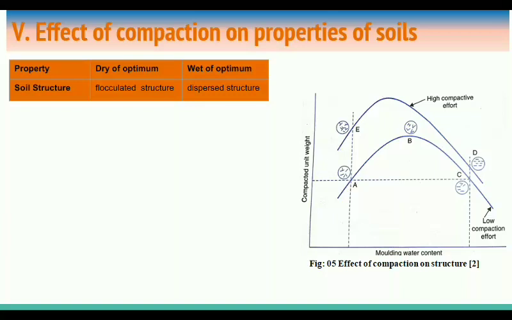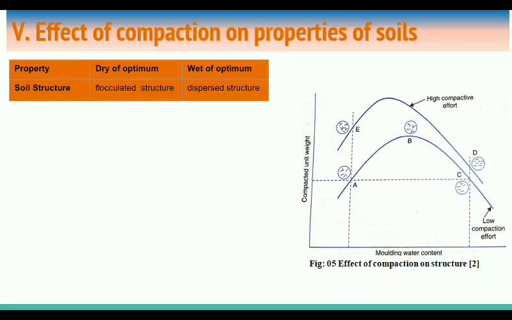In this figure you can see that point A and point C have the same dry density but different water content. At point A, where the water content is low, the attractive forces are more predominant as compared to the repulsive forces. But when you increase the water content, as in C, the repulsive forces are more predominant as compared to the attractive forces, so the structure becomes dispersed.